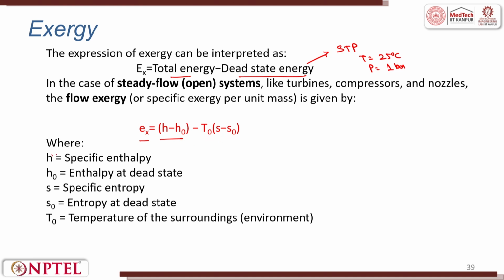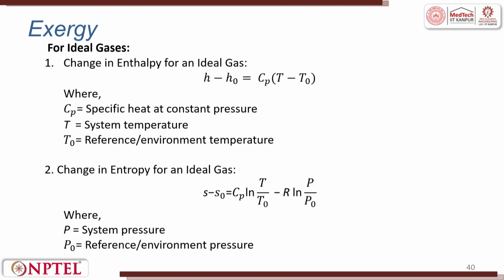H is specific enthalpy, H naught is enthalpy at dead state, S is specific entropy and S naught is entropy at dead state, T naught is temperature of the surroundings, that is the environment when we are talking about a dead state. Let me try to see for the ideal gas, how do we calculate the H minus H naught?